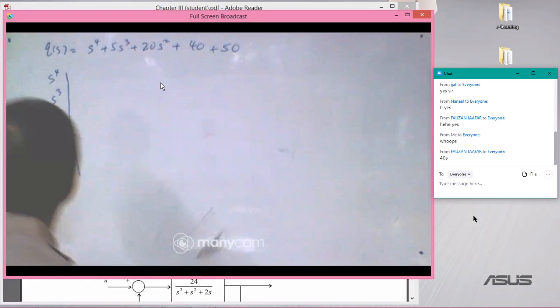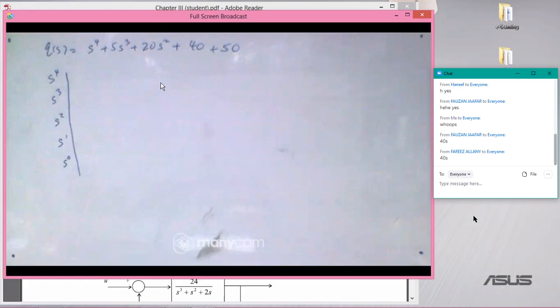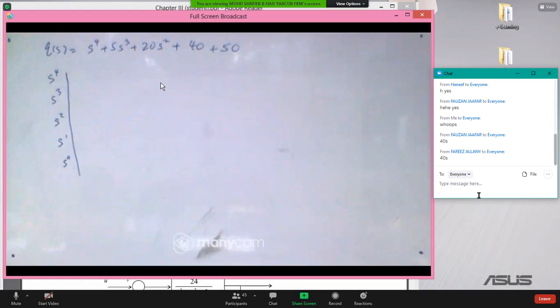You fill in the first two rows using the coefficients of the polynomial.